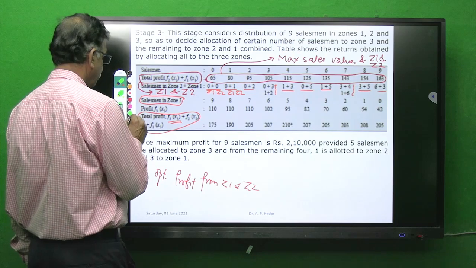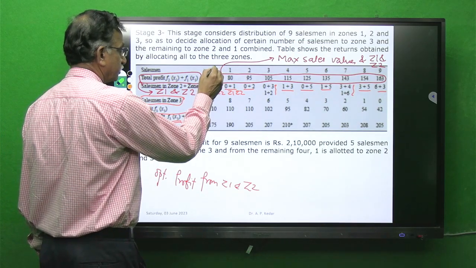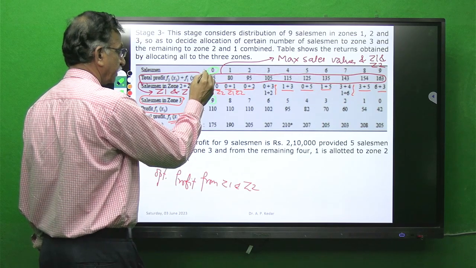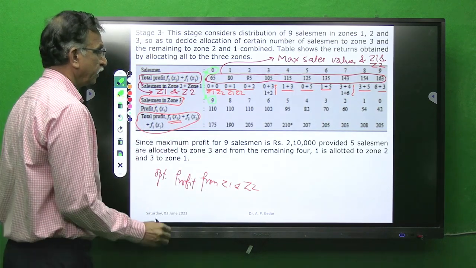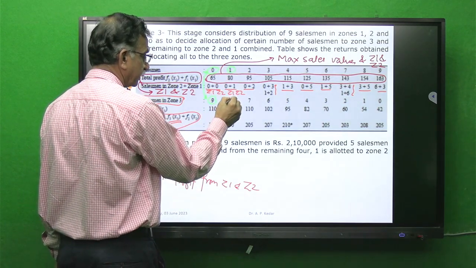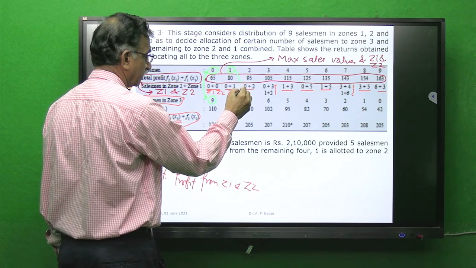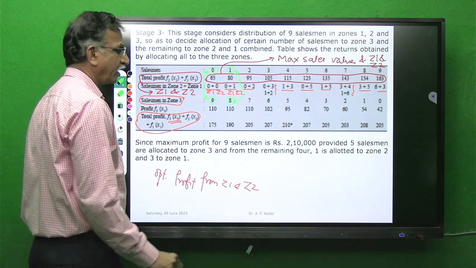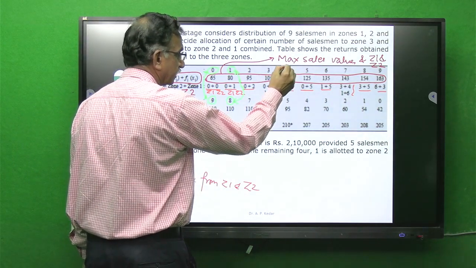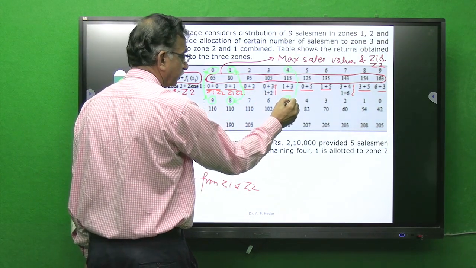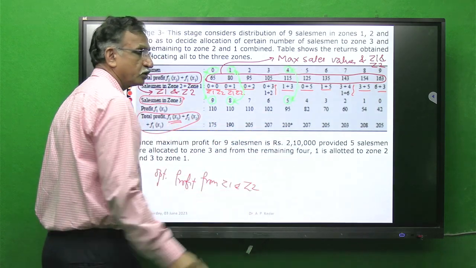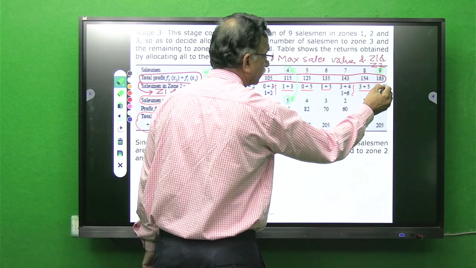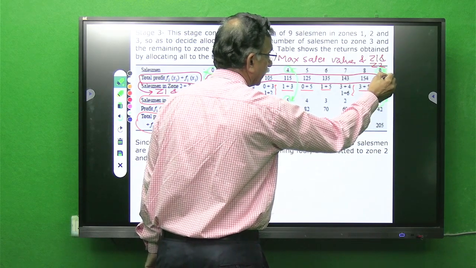So in simple words, we will have this combination of this 0 with 9. This will lead to a total of 9. If I make a combination of this 1 with 8, again the total salesmen will be 9. Like that, for any combination in these particular rows, if you add these vertical values, it will lead to the combination that the total is 9.